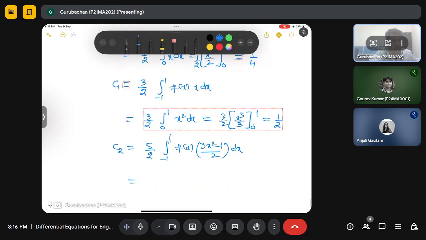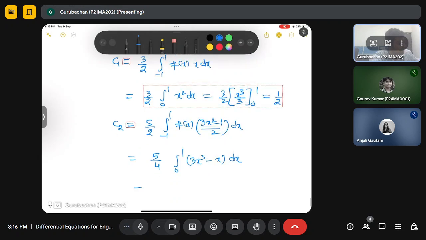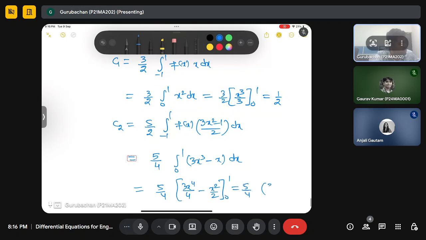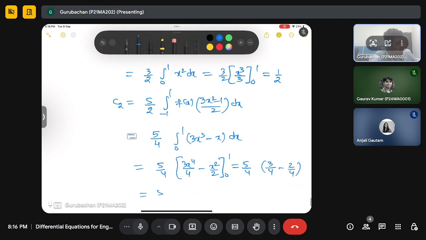Since from minus 1 to 0 the function is 0, this will be 5 by 4, from 0 to 1, and otherwise it is x, so this will be (3x cube minus x) dx. This will give you 5 by 4 times (3x to the power 4 by 4 minus x square by 2) from 0 to 1, 5 by 4 times (3 by 4 minus 2 by 4), which will give you 5 by 16. So you have calculated the first three terms.